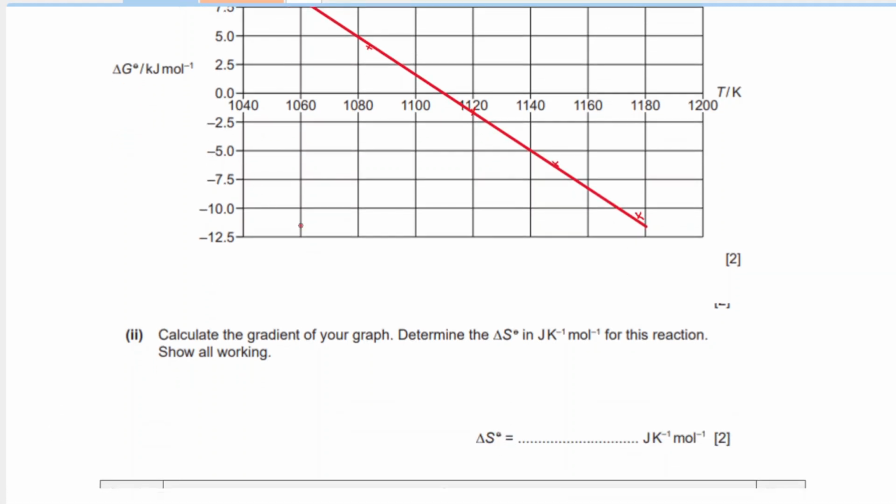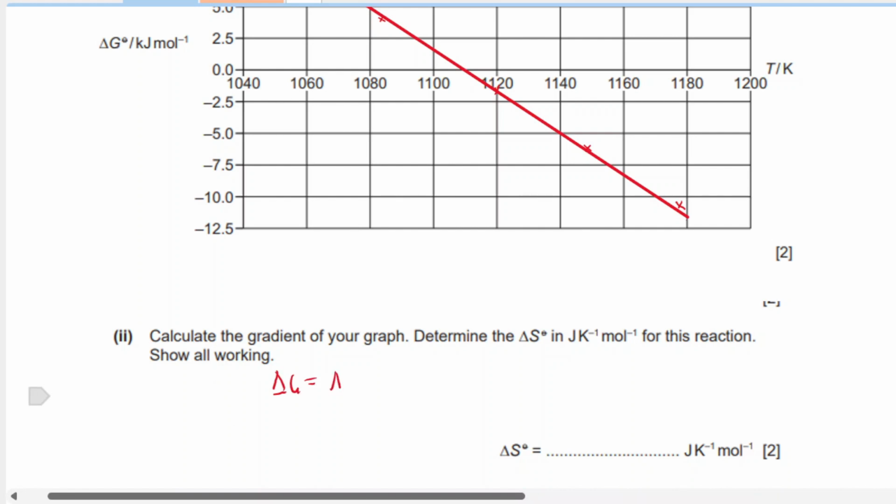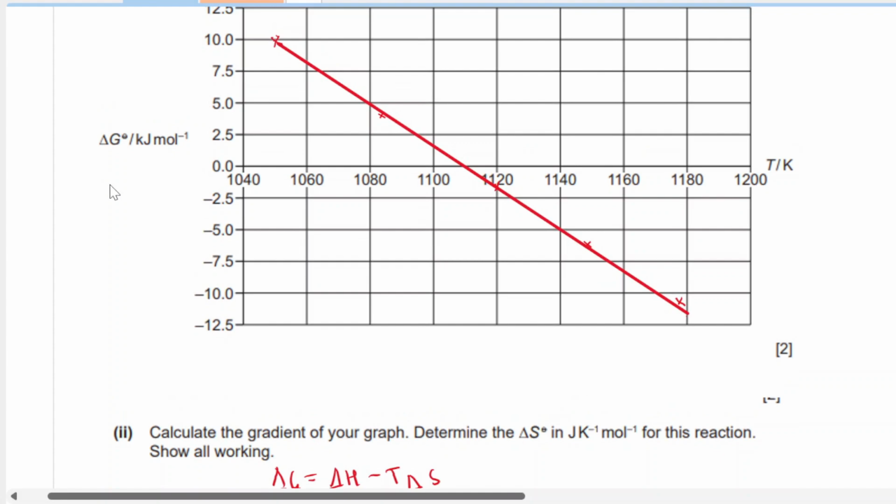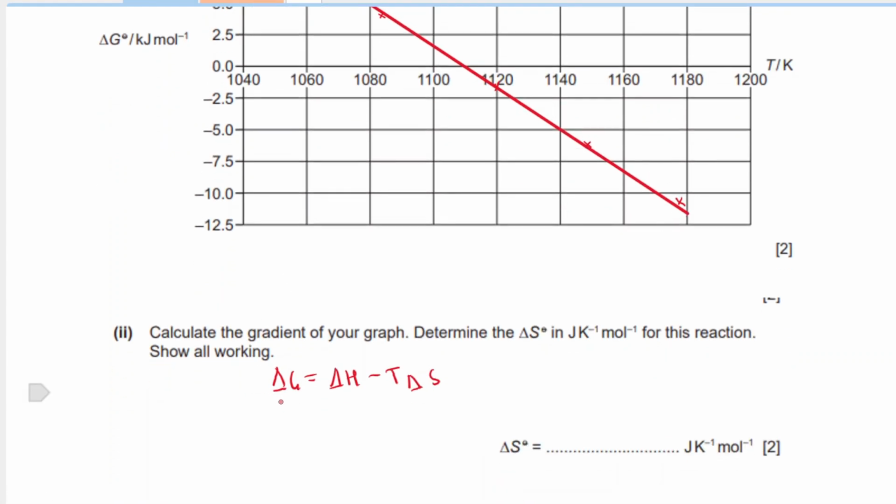And in most questions, like always, we'll use our equation delta G equals delta H minus T delta S. Now, what graph is this? In the y-axis we have delta G and in the x-axis we have T.